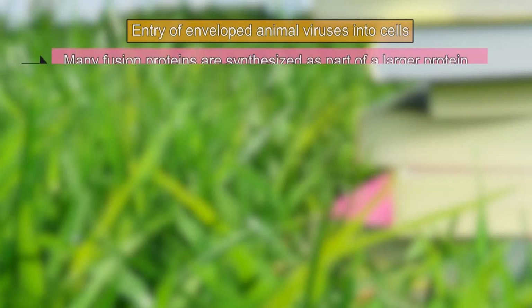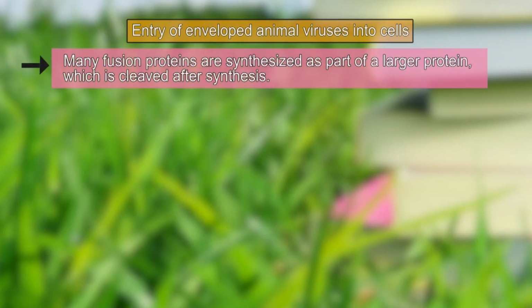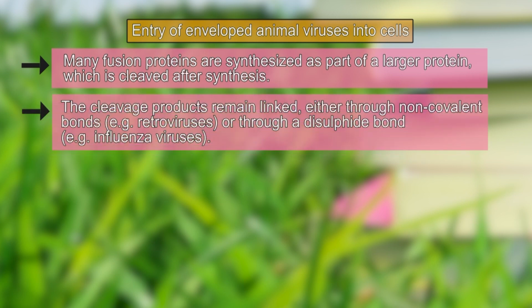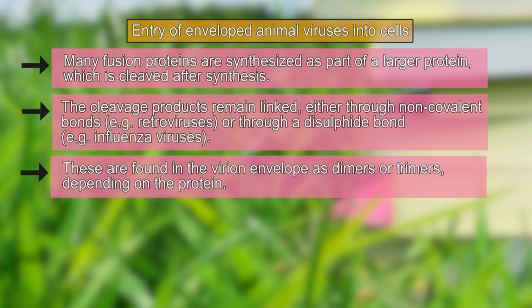Now in case of entry of enveloped animal viruses, what is the role of fusion proteins? Fusion proteins are made from larger proteins and are synthesized after cleavage, and the cleaved products remain linked through non-covalent bonds or disulfide bonds. These are found as dimers or trimers.